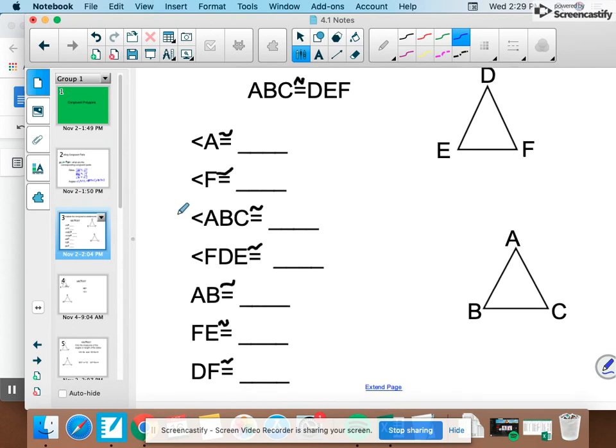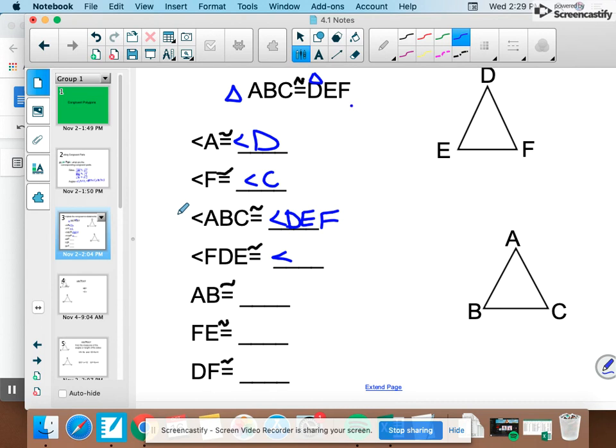So the first one says triangle ABC is congruent to triangle DEF. That's going to mean angle A matches with angle D, angle F matches with angle C, angle ABC has to follow the order, so it matches with DEF, and angle FDE, again following the order.